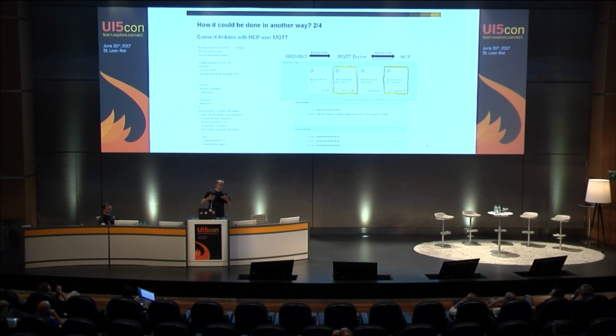If a device uses this protocol, then it doesn't take a lot of energy. So this is the first important thing. Then another one: this protocol is 60 times faster than the HTTP protocol.